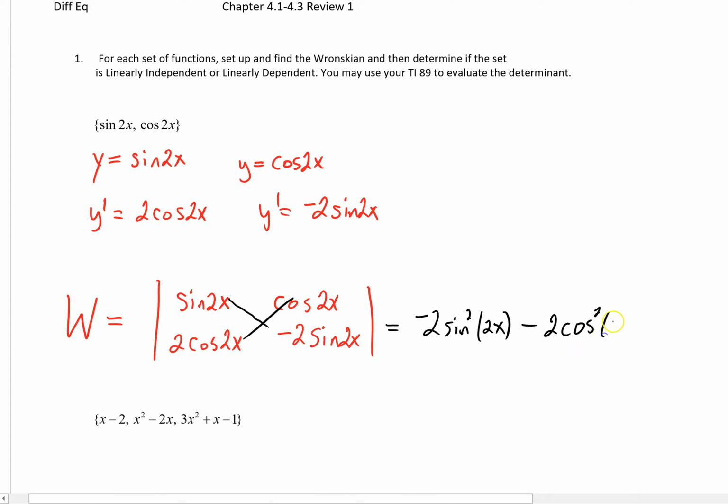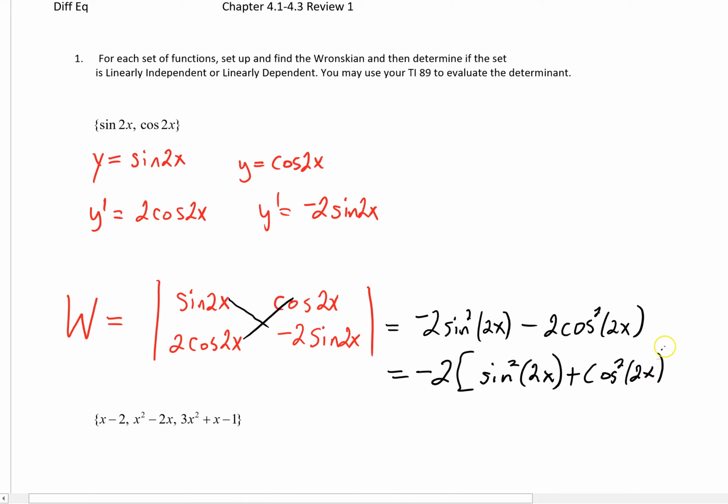cosine squared of 2x. Well, as you're looking at this, you might think, well, how do I work this out? First of all, realize you may factor out a negative 2 from both of these, and then you'd have the sine squared of 2x plus the cosine squared of 2x.